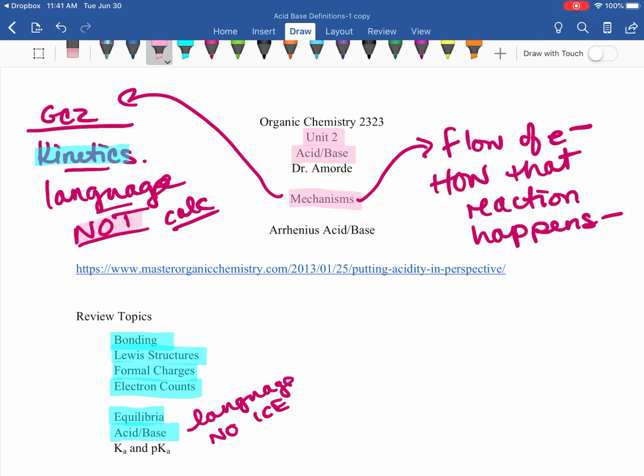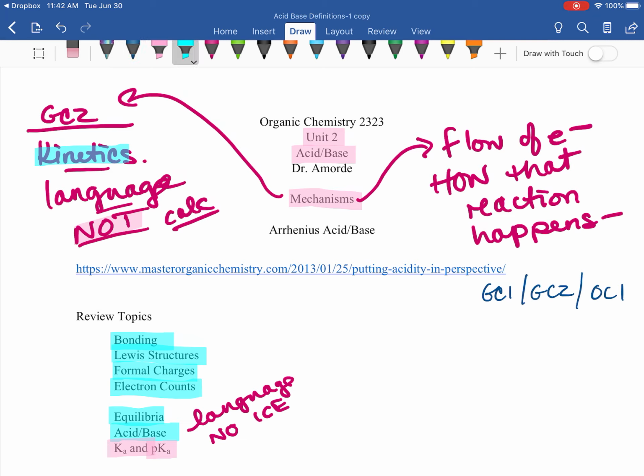And then finally, one thing we're going to use in this class exclusively is a pKa table. So we are going to crunch some numbers, but it will be very visual. We're just going to look at our pKa table and see what it has to tell us. But we're again going to use the language and build on your skills from all of this. This is little pieces of Gen Chem 1, little pieces of Gen Chem 2, and then we're going to add our OChem 1 spin on it.